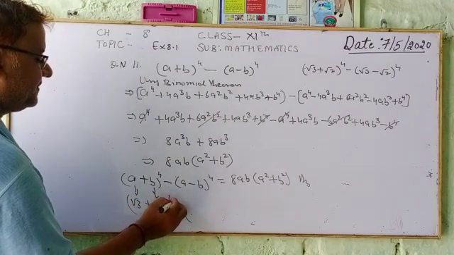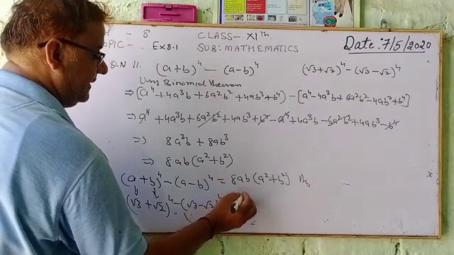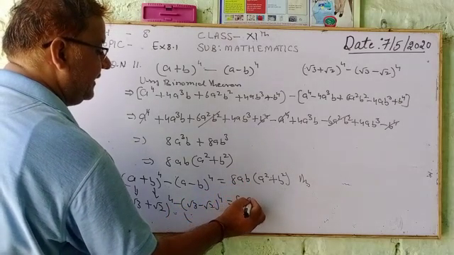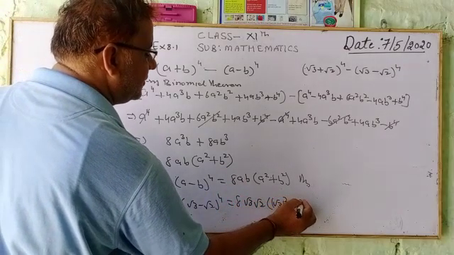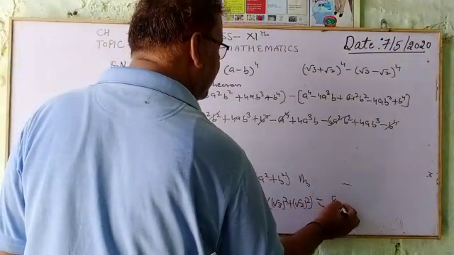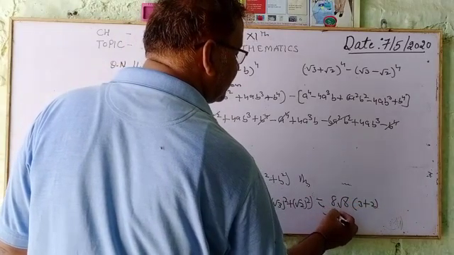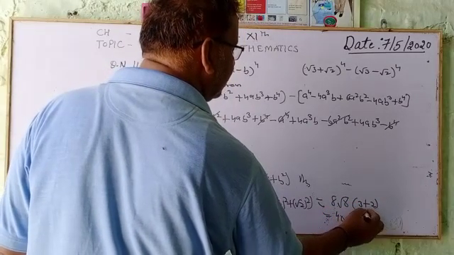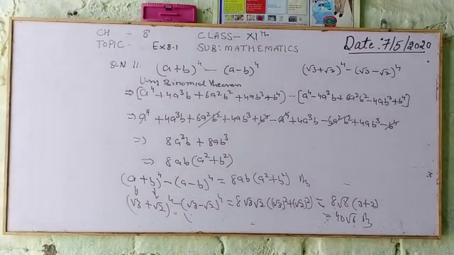We get 8 times root 3 times root 2, times (root 3 squared plus root 2 squared). After simplification we get 8 root 6 into (3 plus 2), that is 40 root 6. We get the answer. So students, try these questions carefully, apply the binomial theorem, and you will get the results.